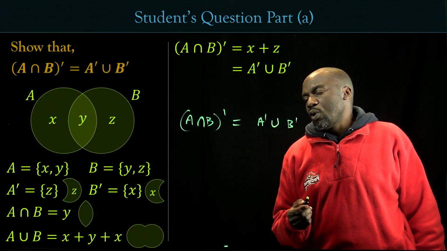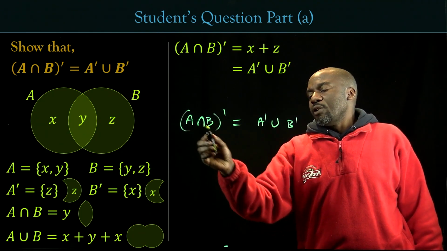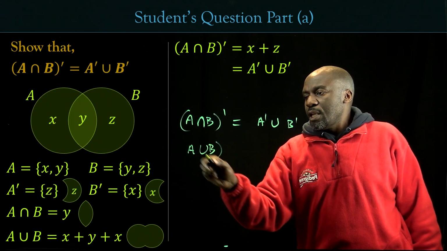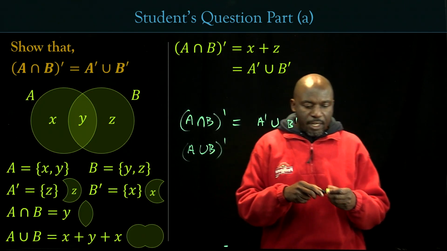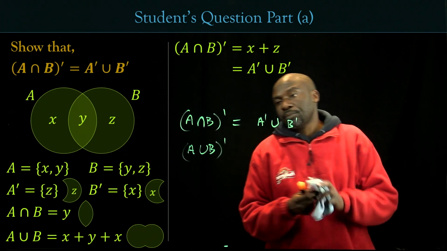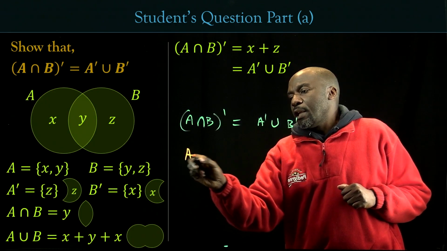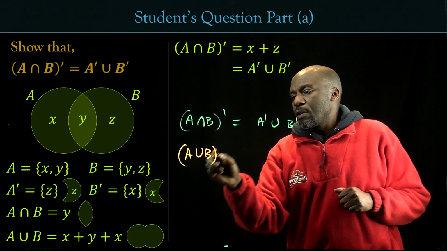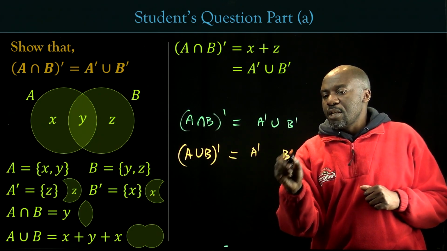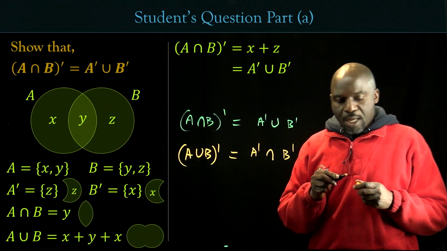We can also show without further proof, and you can always use this result without further proof. We can also show that A union B complement, let me use a different color, yeah, so we can show that A union B complement is the same thing as A complement B complement, and the symbol now changes and becomes an intersection.